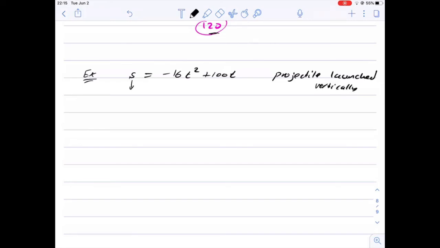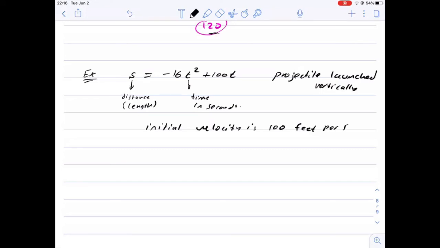This is the distance, which represents the length, and this is t, time in seconds, for example. And the initial velocity is 100 feet per second.